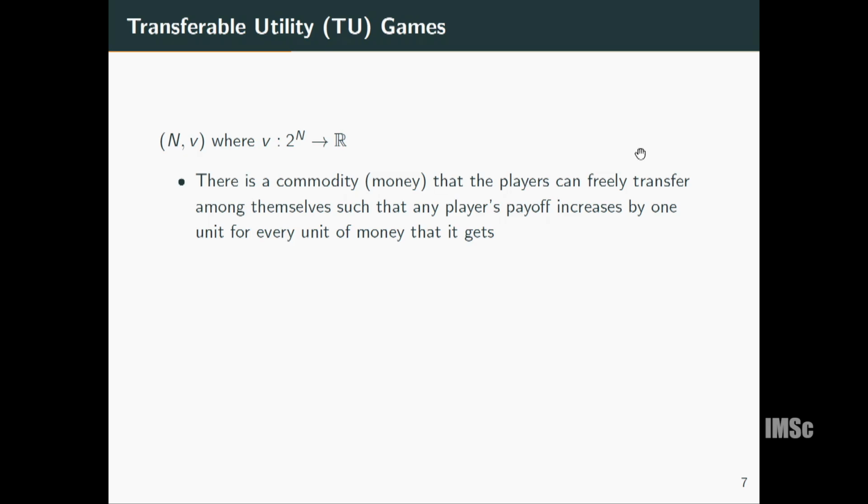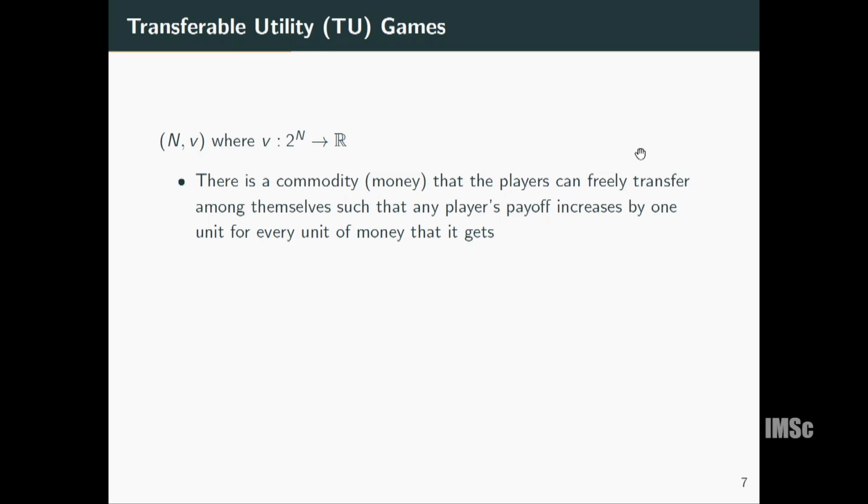In the transfer utility game, what we assume is that there is a valuation function which maps any subset to a real number. Intuitively, imagine it as the following: if a subset of people agrees to come together and work together, then the mapping denotes the worth of this coalition, how much value they can produce when they come together.